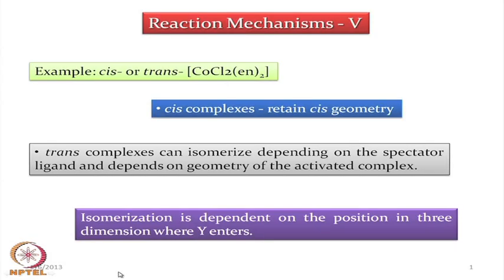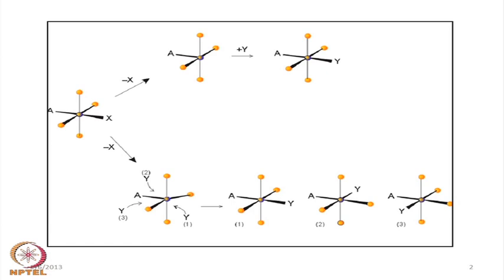So, what we will see from there, we have these situations. If we have both of them as x, or one as A, another as x, x will go and y will enter.